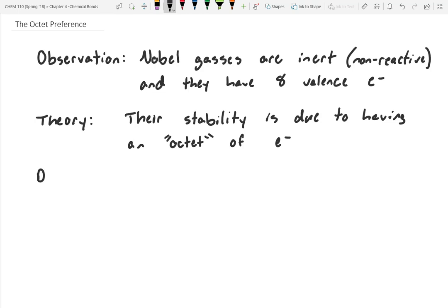And then the deduction that they made was that other atoms want to be like them. So other elements want to gain, lose, or share electrons so that they have an octet.